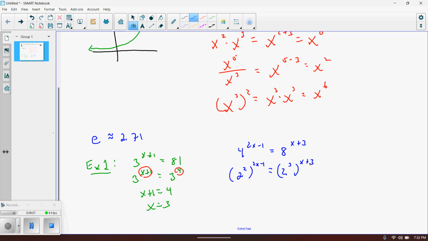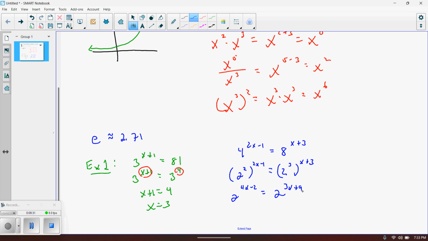And then, like we just talked about, if we have a power raised to a power, which we now do, we can multiply the powers together. So we get 2 to the 4x minus 2, which is going to equal 2 to the 3x plus 9. Now, once again, the bases on both sides of the equation are identical.